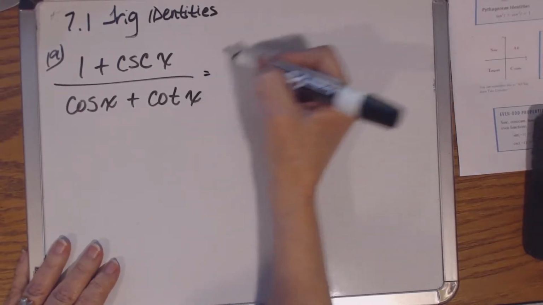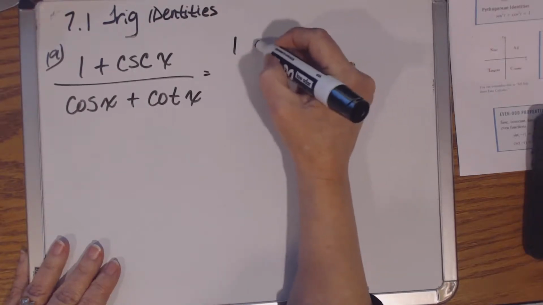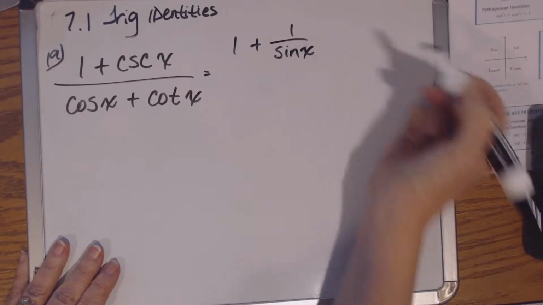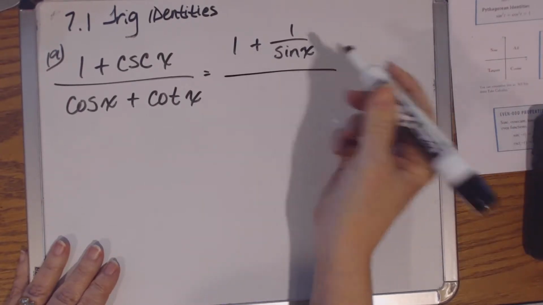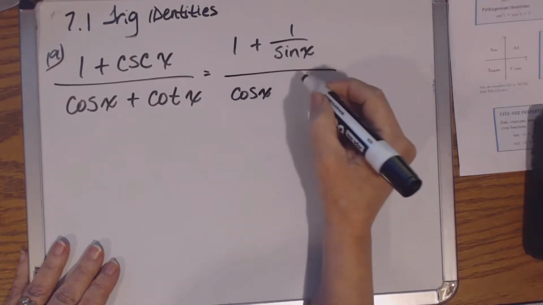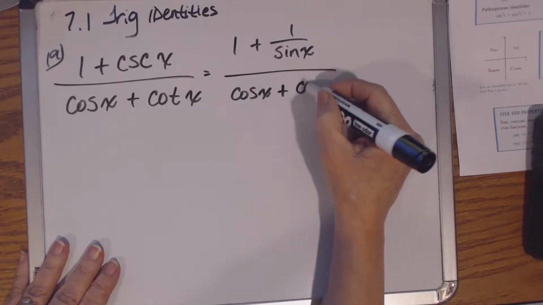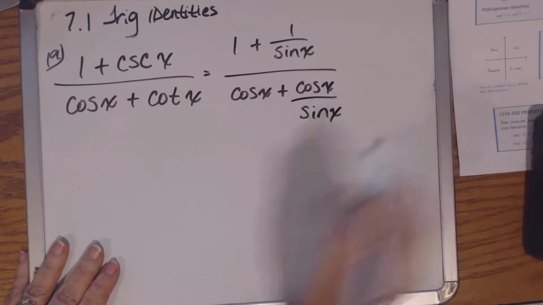So again, I'm just going to start breaking everything out in terms of sines and cosines. This is going to be 1 over sine of x, and I'm going to show you a little trick with that 1 here in a second, but I'm going to do cosine of x plus cotan is cosine of x over sine of x.